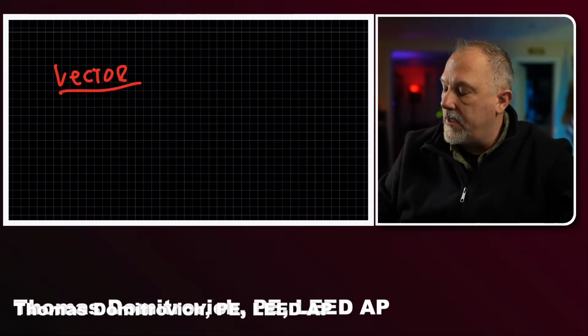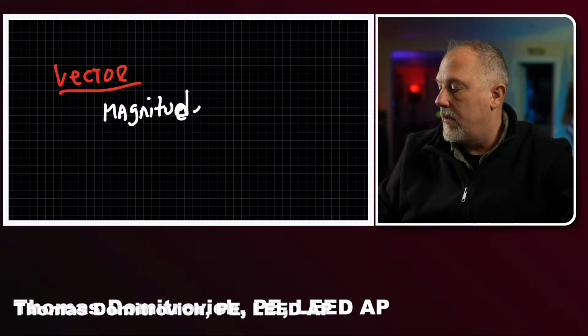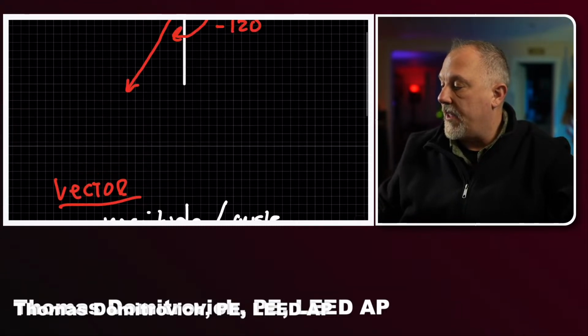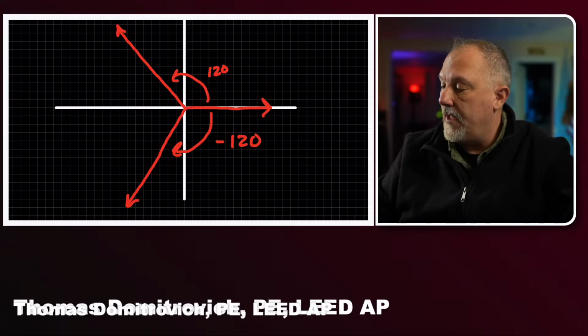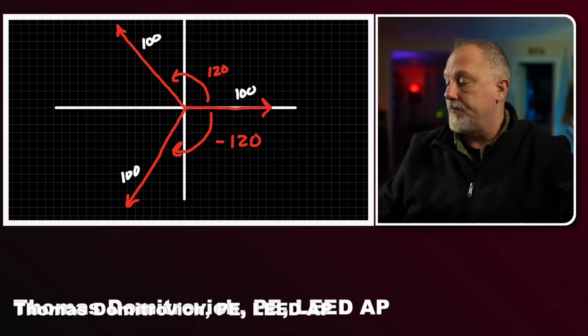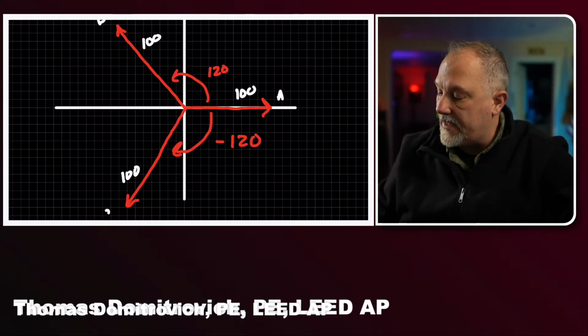A vector is a magnitude at an angle. If I said this was 100, and this is 100, and this is 100, and let's say this is A, and this is B, and that is C.